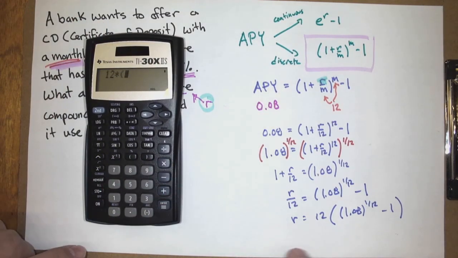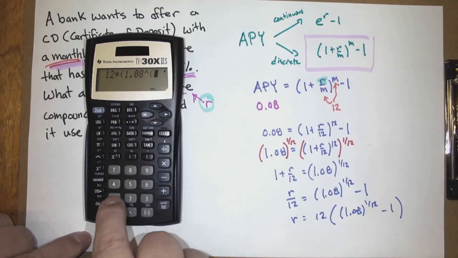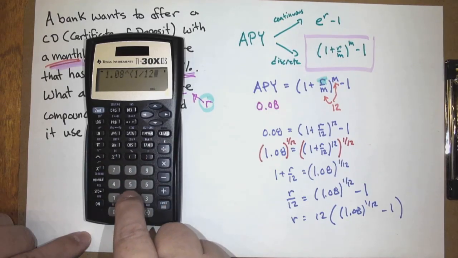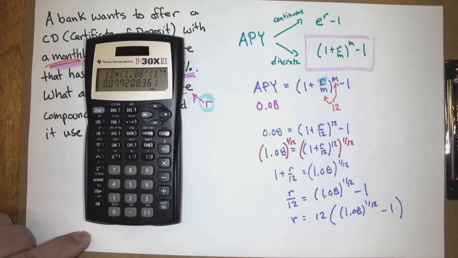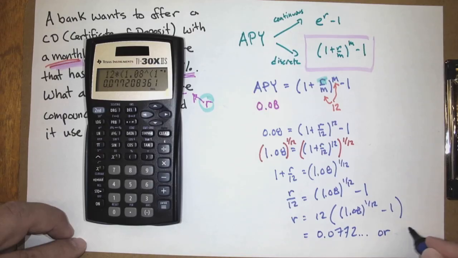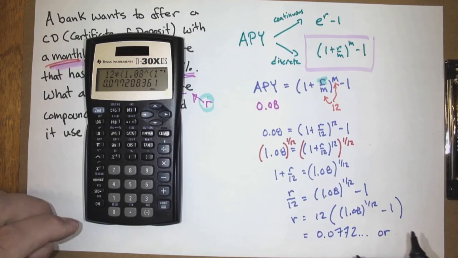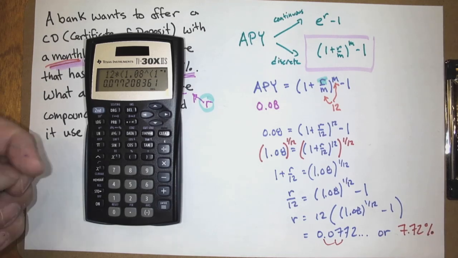So 12 times, throw a parenthesis in there, 1.08 to the power, parenthesis 1 divided by 12, parenthesis minus 1, equals, and we get 0.0772, or if we move the decimal over, 7.72%.